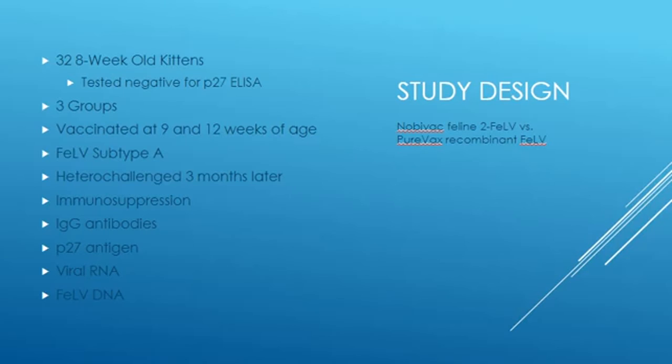They were tested for the P27 antigen with ELISA every week from 3 to 9 weeks after challenge, and the viral RNA was tested with real-time reverse transcription PCR every week from 3 to 9 weeks, and the FeLV DNA was tested for with real-time PCR at every week from 3 to 9 weeks as well.